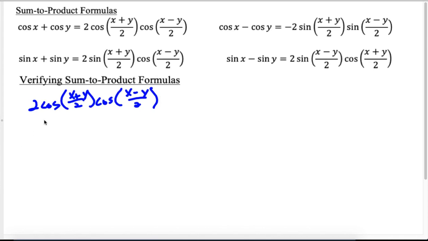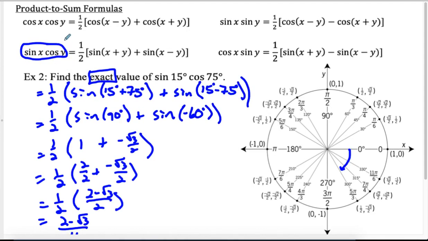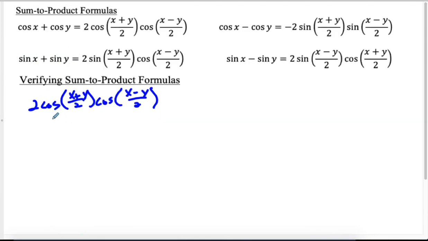That formula, if we just look back one slide, looks like this. If I'm multiplying 2 cosines together, I can simplify it to look like this. Now, for this problem, that's going to look like this.